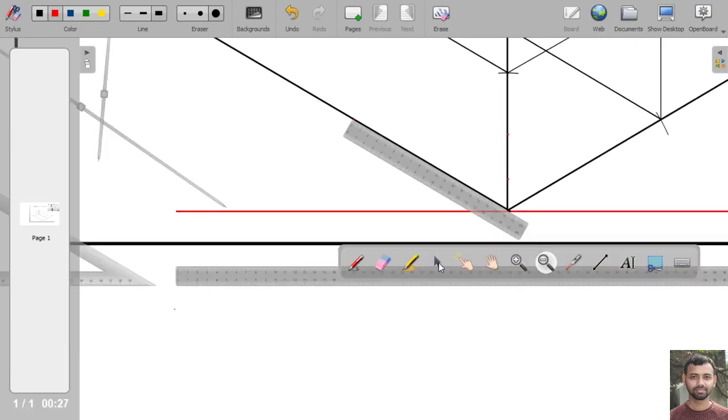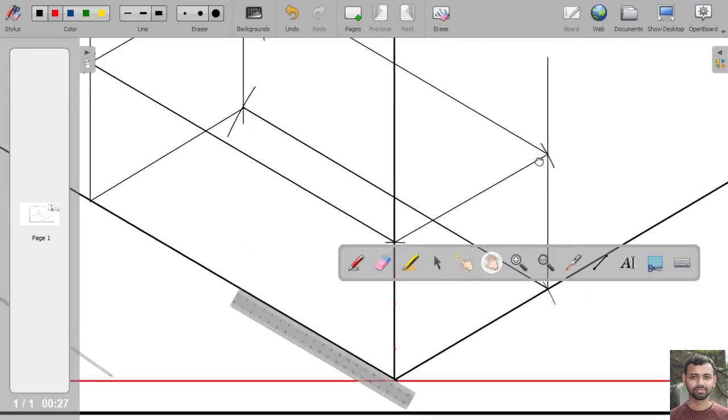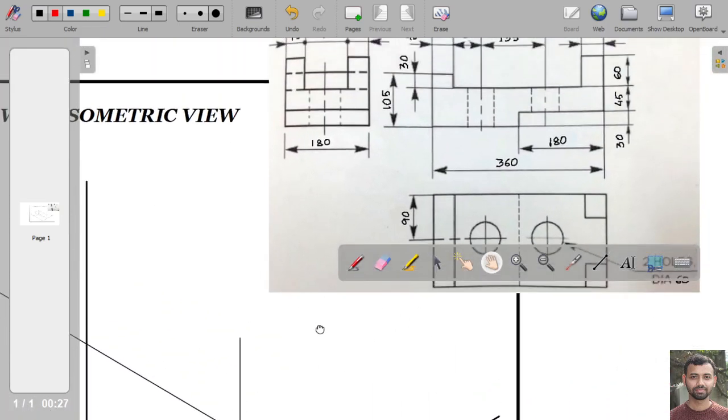Okay, so we have got some lines. Now at first we will draw these lines, then we will move to the other portions.